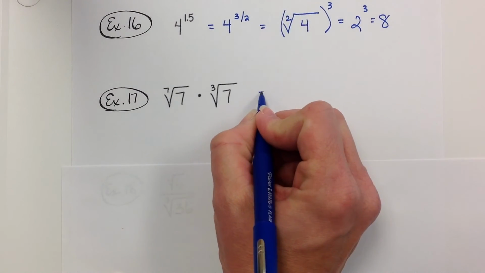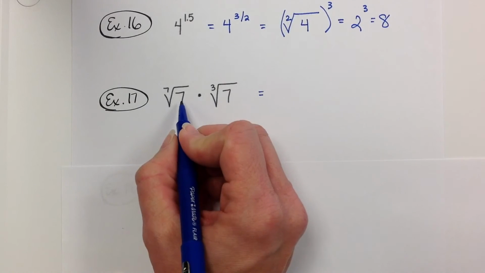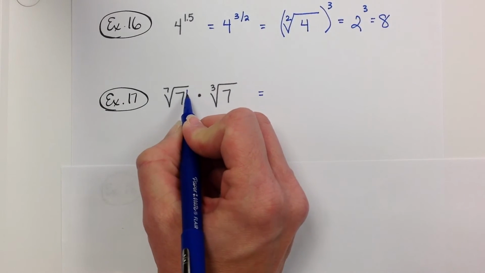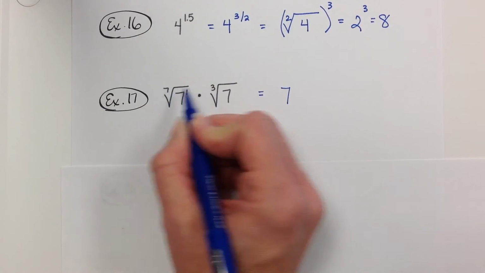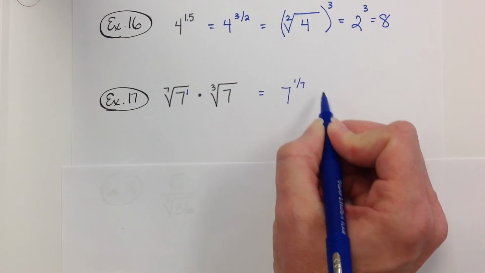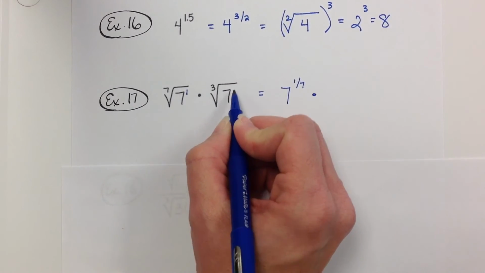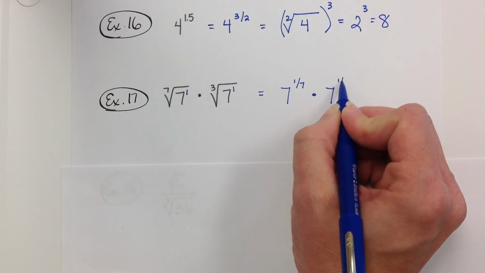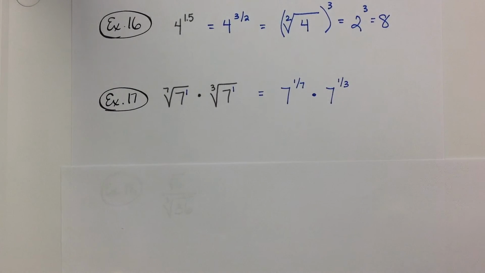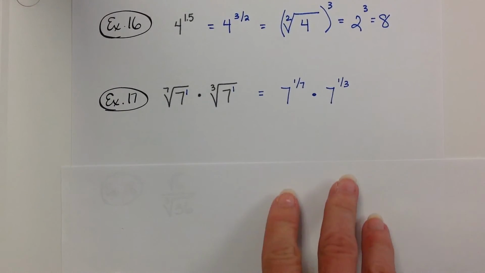All right, so if I change this over, of course here your 7's understood to be to the first power. So that would be 7 to the 1/7 times, and then do the same thing here, your exponent's an understood 1, so that would be 7 to the 1/3. Okay, so now, of course, we worked some problems just a few minutes ago like this.